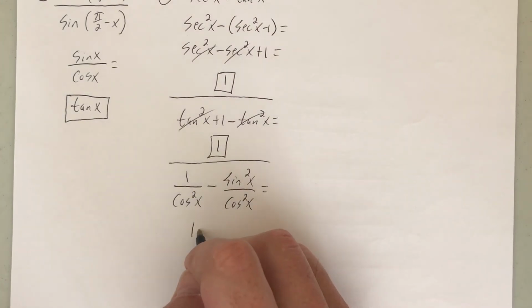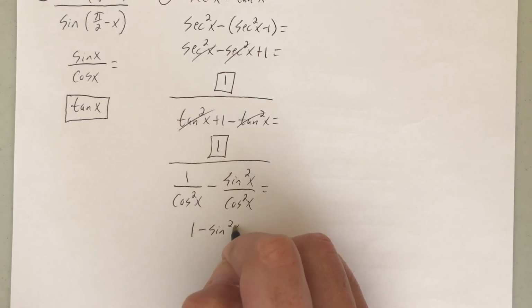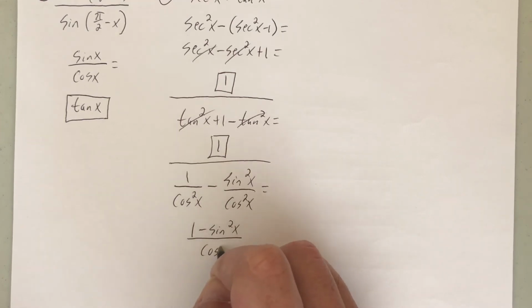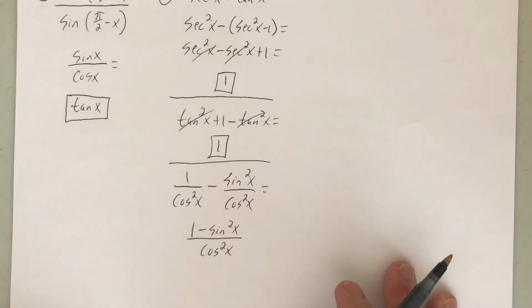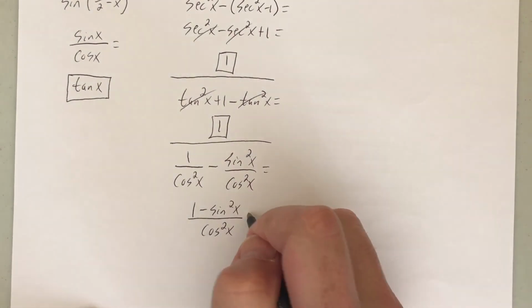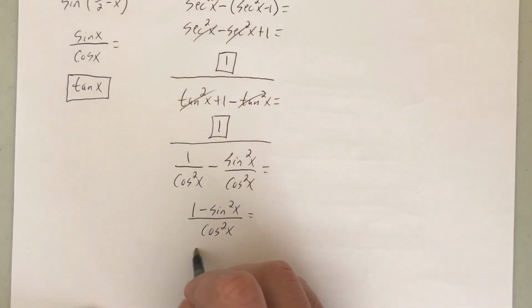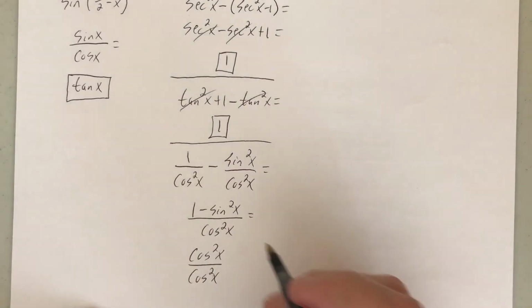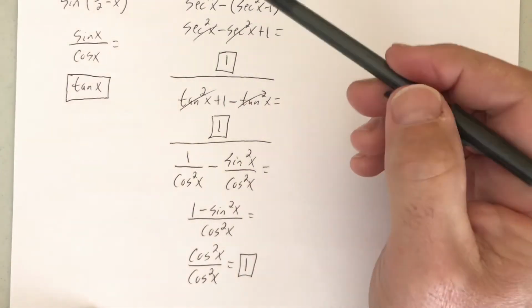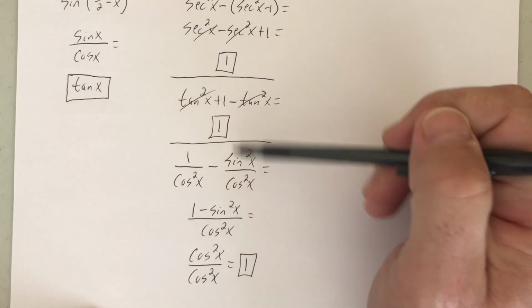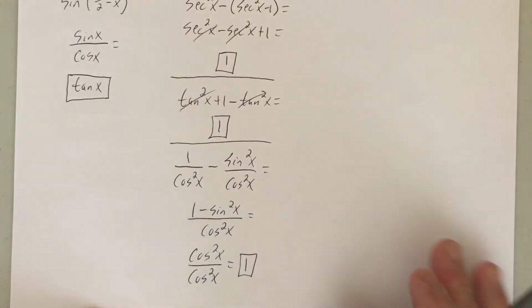So 1 minus sine squared x over cosine squared x. And then, of course, we know using the Pythagorean identities that 1 minus sine squared x is equal to cosine squared x, divided by cosine squared x. Hopefully you see where this is going. Cosine squared x divided by cosine squared x is equal to 1. So you can see I had the same problem, and I did it 3 different ways to get the same answer.